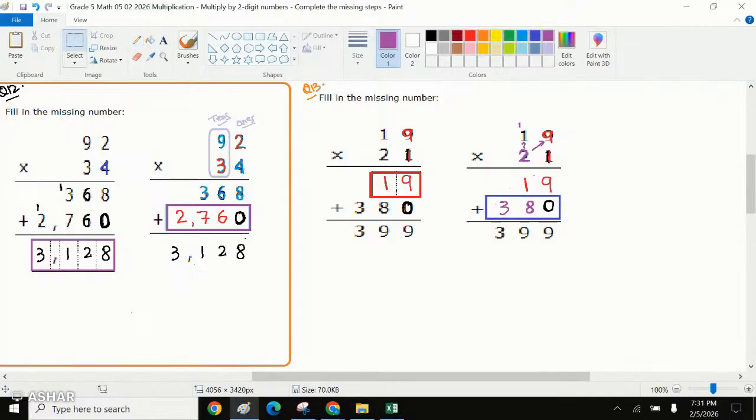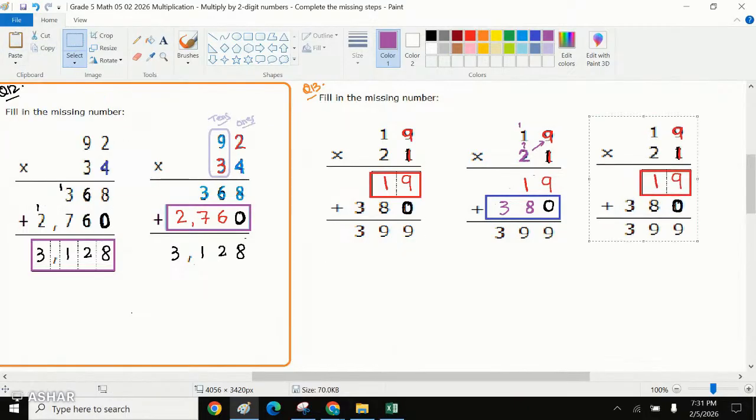Okay. So let's look at the third possibility. There are only 3 possibilities for this kind of a question. Okay. Why? If this number was given to us, okay, only this was missing. So can we find the missing number in the third possibility?